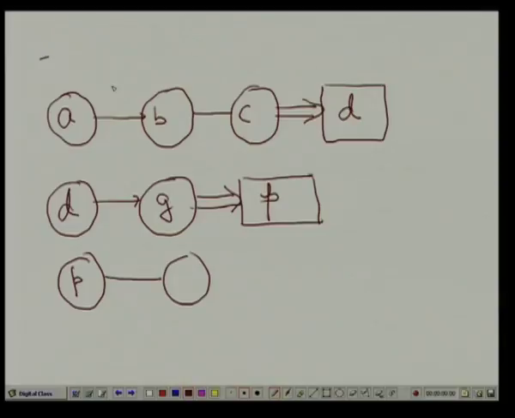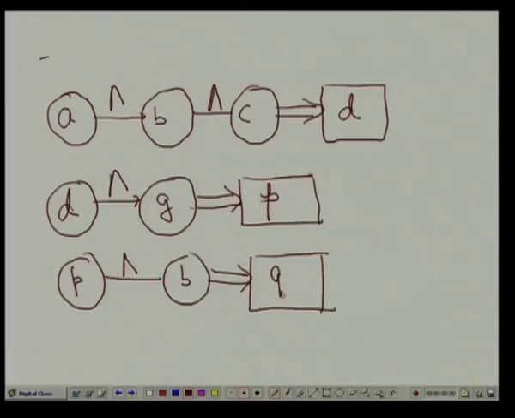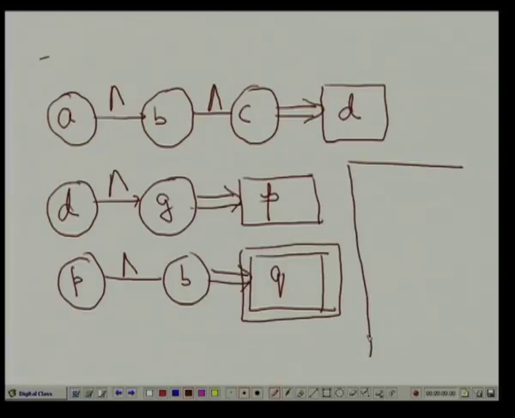These links are AND links, P and A and B and C, D and G, P and might be B is leading me to Q, and Q is my goal. Now, I may have in my fact base initially A is true, B is true, C is true, and G is true. Suppose that is my starting scenario.